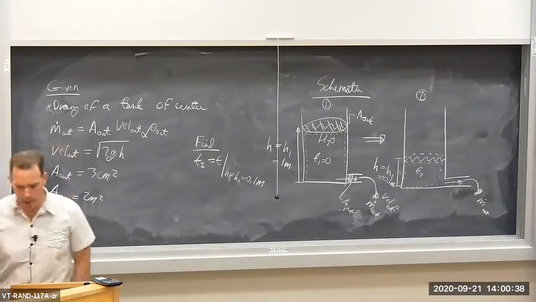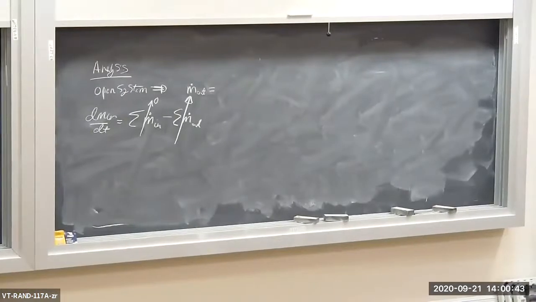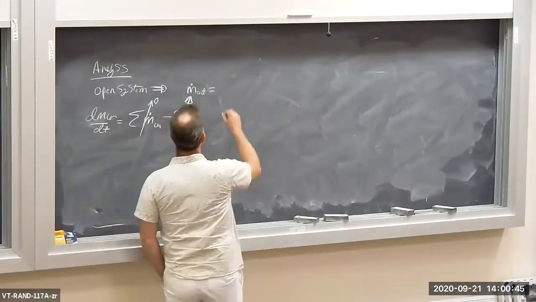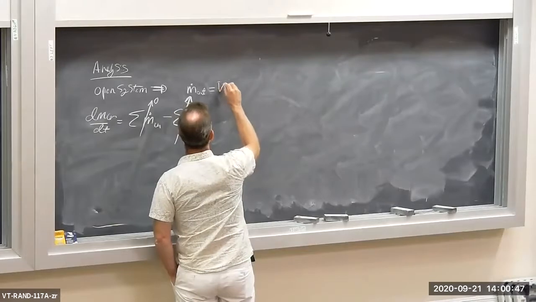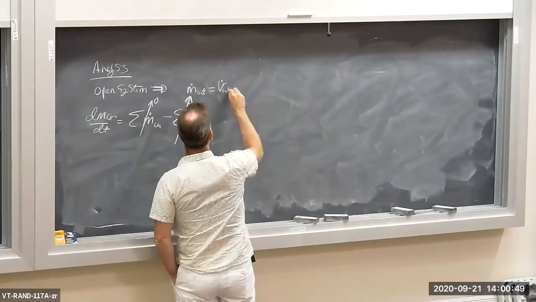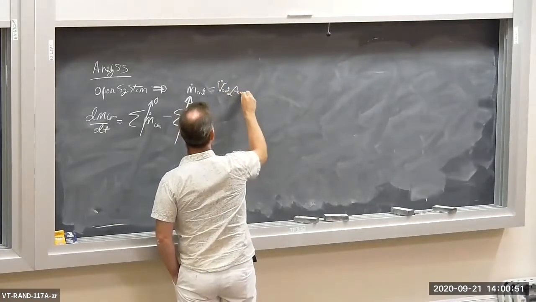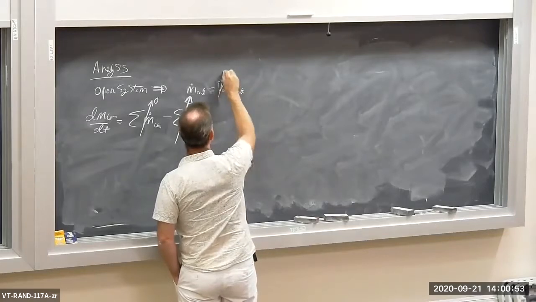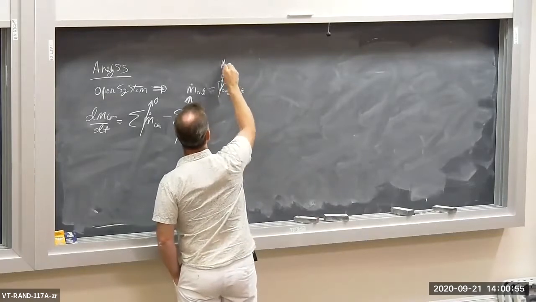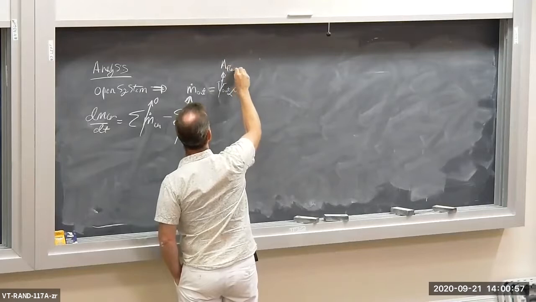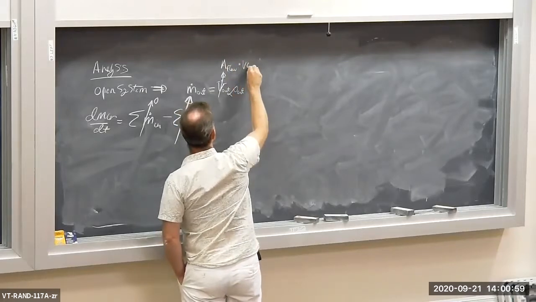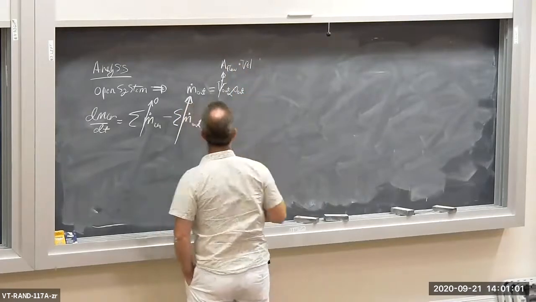Velocity times the flow area gives you a volume flow rate, times the density, and that'll give you m dot. So V dot out times the density, and V dot out is the flow area times the velocity, VEL, at the outlet.